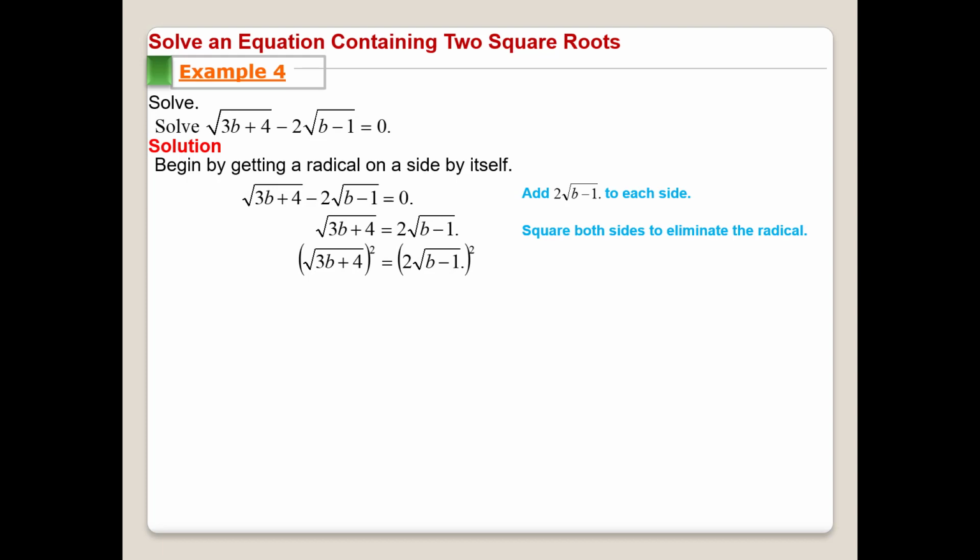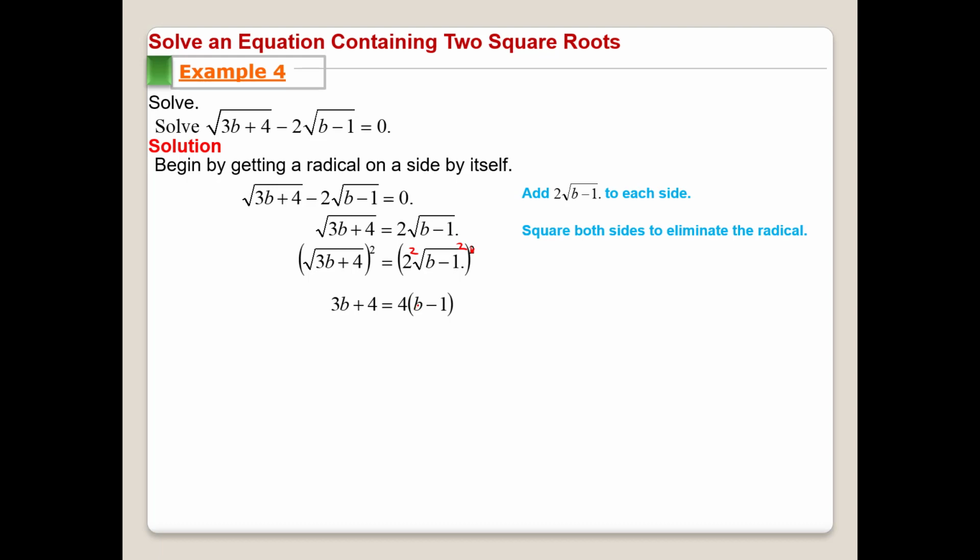Over here on the right-hand side, this exponent is going to go here and here. Okay? So in other words, we should get 4 times b minus 1 over here on the right-hand side. So we got 3b plus 4, and then equals 4 times b minus 1.